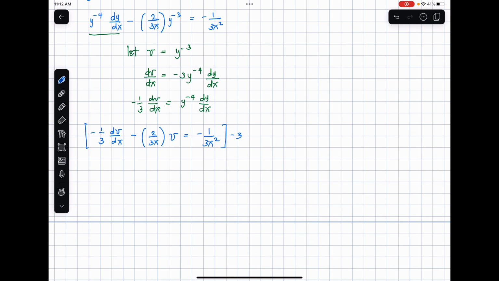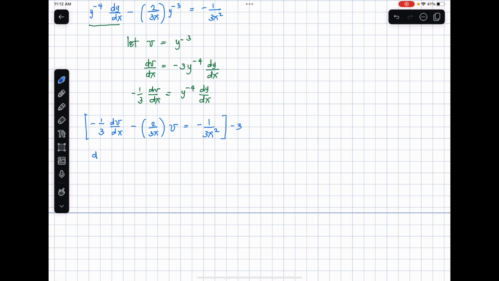Removing that gives us dv over dx, then negative and negative would be positive, so 2/3 times 3 will just become positive 2 all over x times v, and it is equal to positive 1 all over x squared.